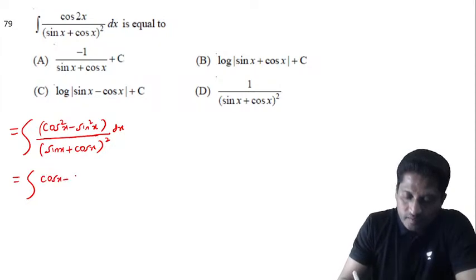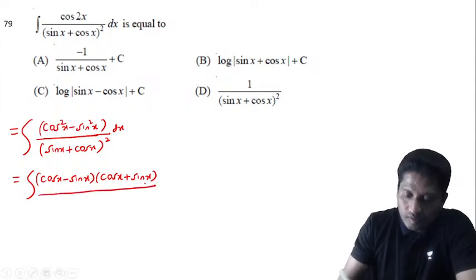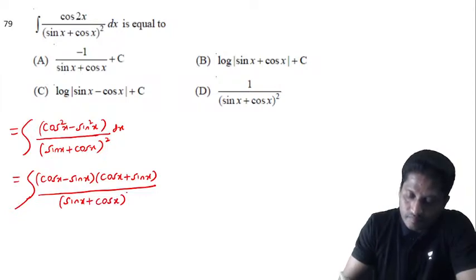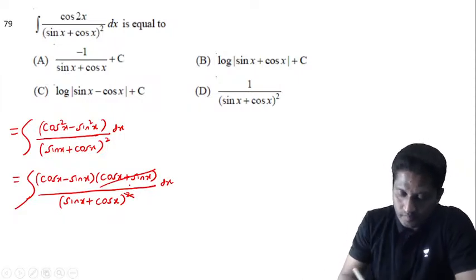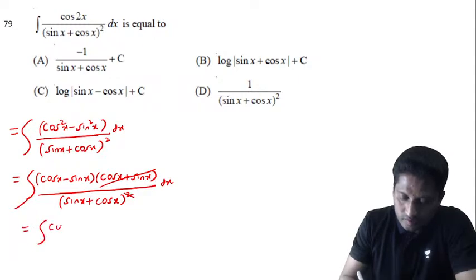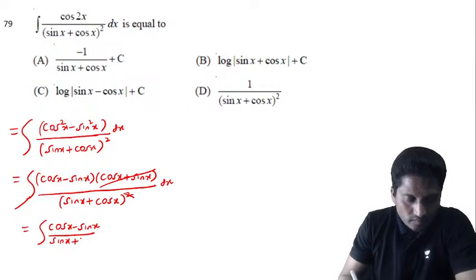This is a minus b into a plus b, whole divided by (sin plus cos) the whole square. Sin plus cos will cancel with the square. So this is cos minus sin divided by sin plus cos, and then dx.